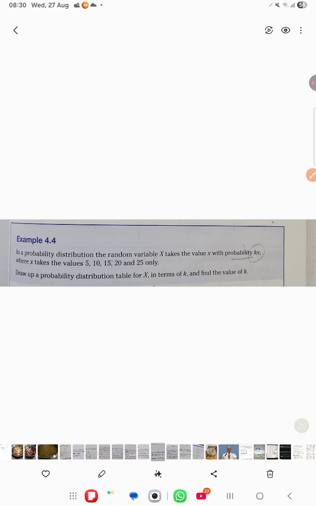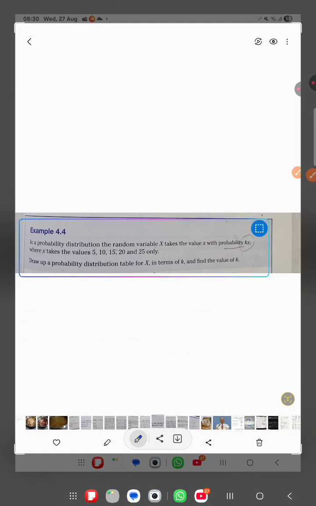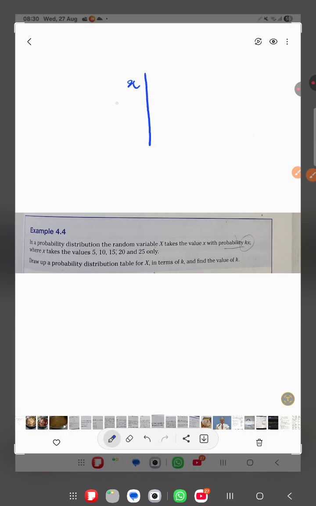And now let's do the next question. If the probability distribution of the random variable x takes the value x with probability kx, I'll repeat, the random variable x, so X is x. That's what they're saying, right? You've got x and you've got the probability of x at the bottom.